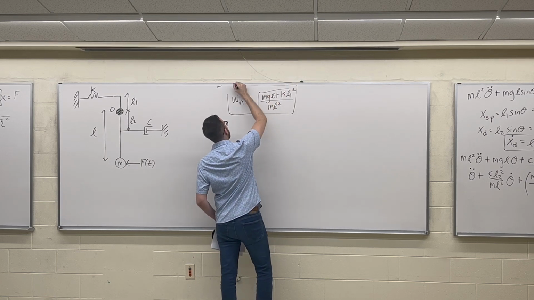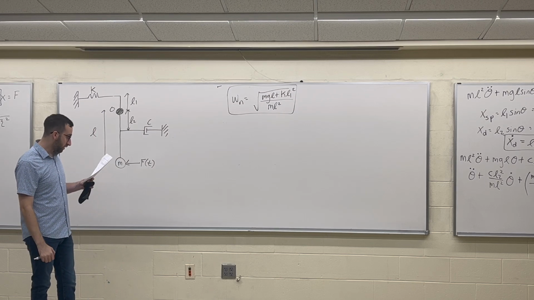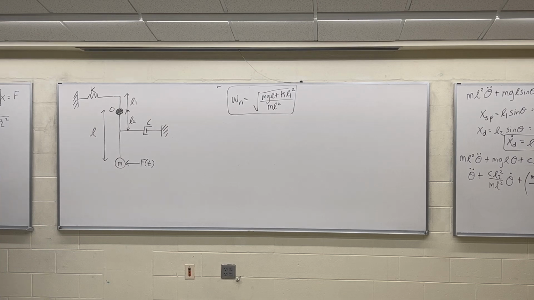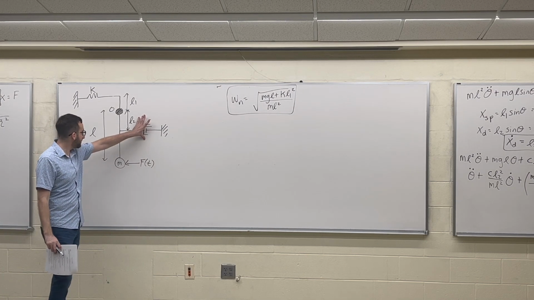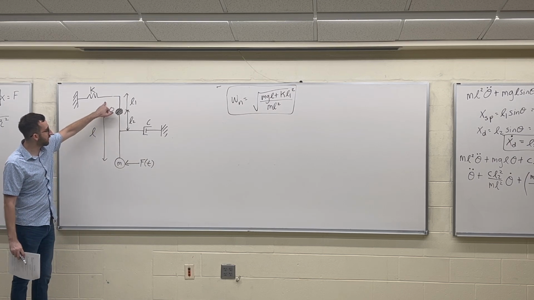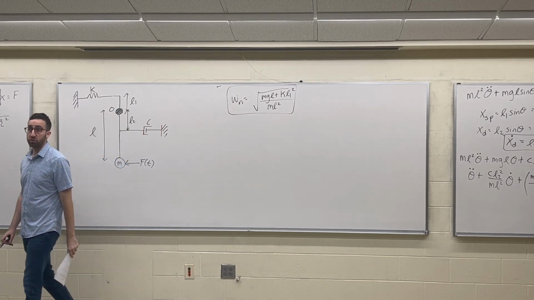That is our natural frequency for this problem. MGL plus KL1 squared over ML squared, yep. So if there was no damper, remember, the natural frequency is just based on K over M. If the damper didn't exist, and it was just this mass going back and forth with the spring up here, that is the frequency that it would oscillate at, the angular frequency that it would oscillate at.